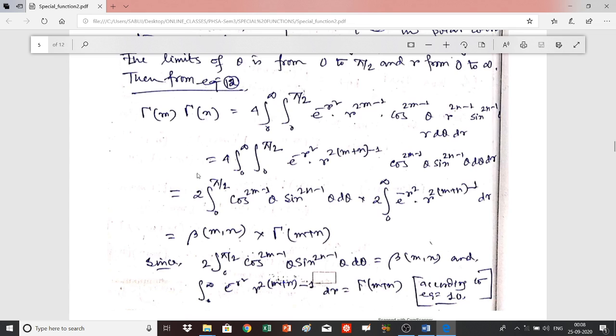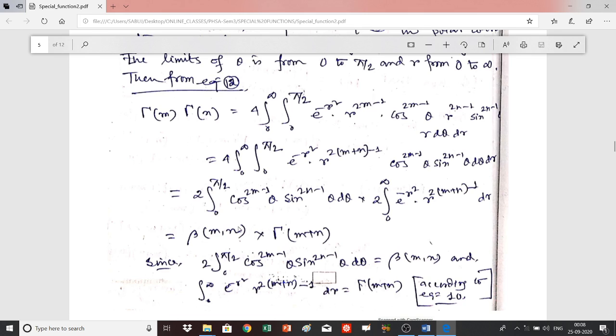And see that this is another form, or alternative form, of beta mn. You know that beta mn is equal to 2 times the integral from 0 to pi by 2 of cos theta to the power 2m minus 1, sin theta to the power 2n minus 1, d theta, which is equal to beta mn. This is an alternative representation of beta mn.